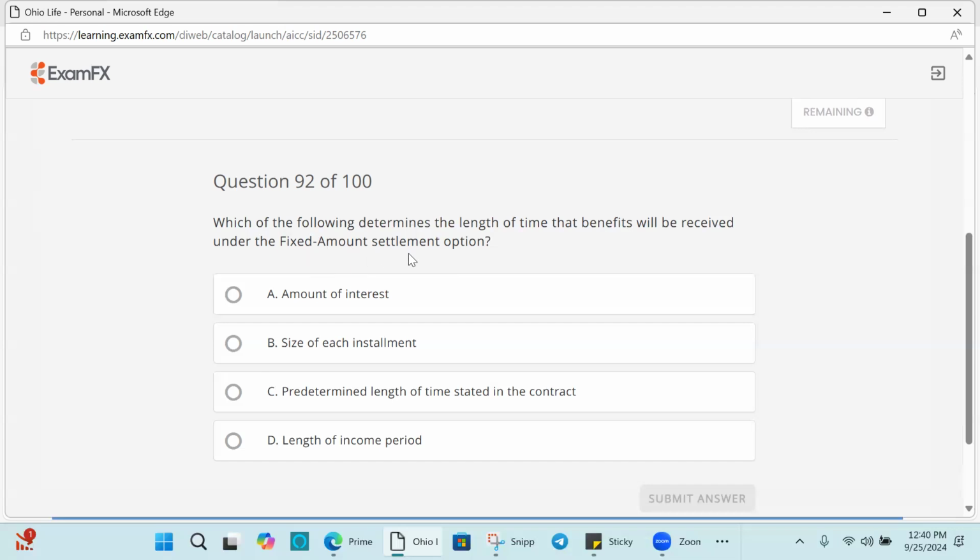So I tell them they owe me 200,000 bucks. I tell them under the fixed amount option, I want $40,000 a year. So here you're telling them the amount, so they're going to tell you the time it will take.